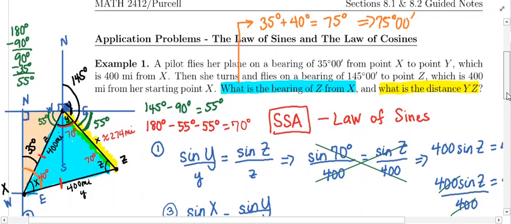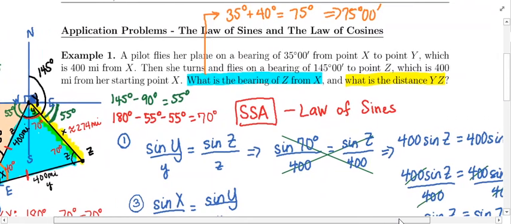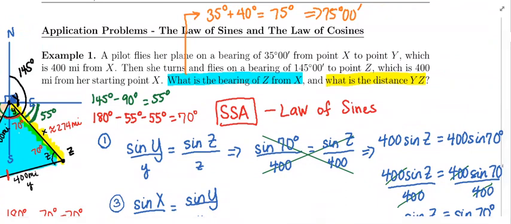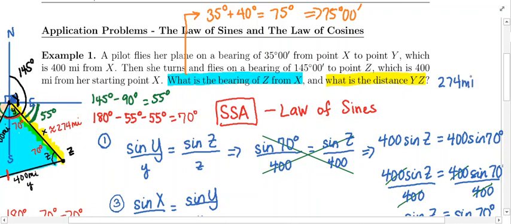Let me go ahead and summarize what we did here. We had to find two things from this problem and we had to use the law of sines. The distance YZ, we computed that to be approximately 274 miles. So that's the answer to this one. Let me put this in a box.